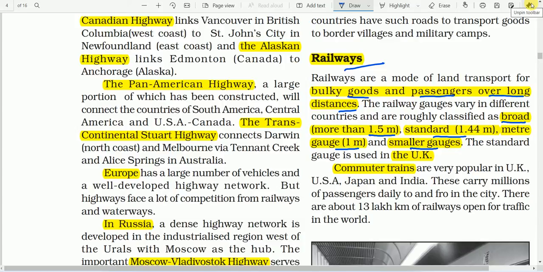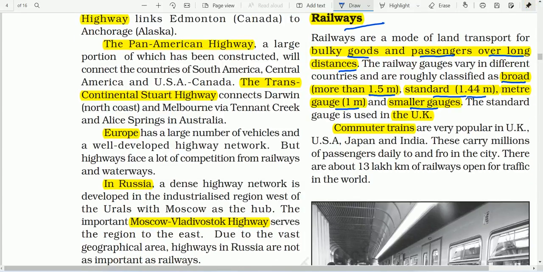Then another one is standard gauge, 1.44 meter. Then meter gauge, 1 meter wide. Smaller gauge, less than 1 meter, say 75 or 76 centimeter, for example. And this standard gauge is mainly used in the United Kingdom, UK.